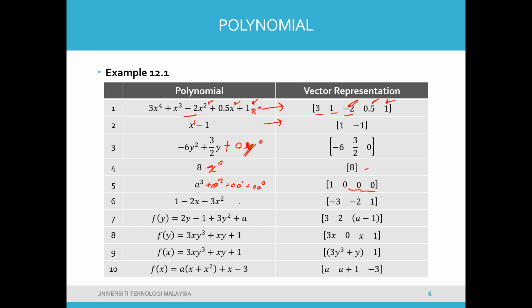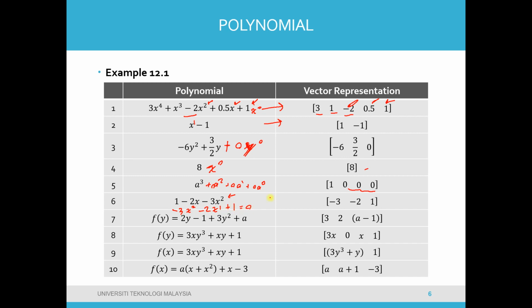This one, be careful. When you see this, you have to rearrange it according to the order. So you have to change this. This is negative 3, x power of 3, x power of 2 minus 2, x power of 1 plus 1 equals to 0.